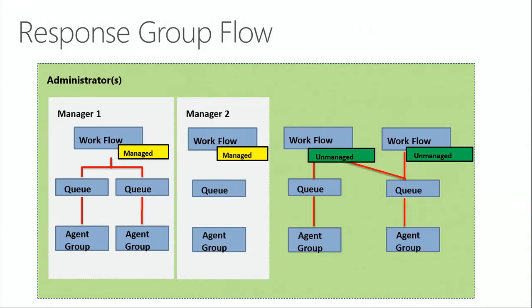The difference between what you see on the left and on the right is that for these managed queues on the left, there's responsibility within that particular work group, like the help desk example I just gave. There isn't the flexibility to reuse the queues and the agent groups across multiple workflows, right?